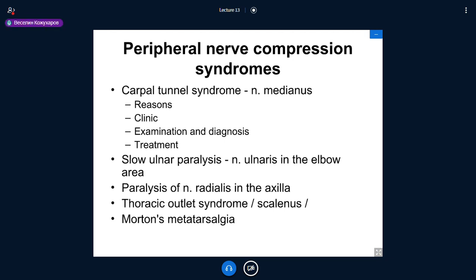The other clinical symptom which is typical of this condition is the Tinel sign. The Tinel sign should be checked by knocking over the compressed nerve, and the patient reports a sense of electricity when we knock over the carpal tunnel, with pain and a sense of electricity.